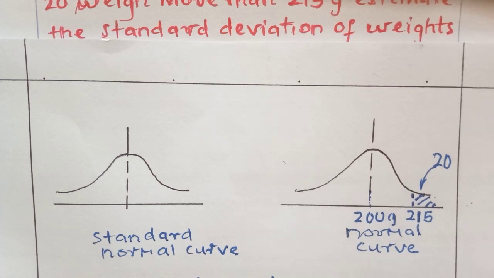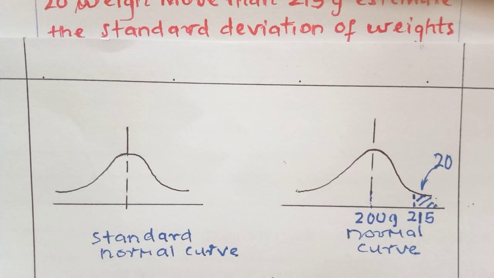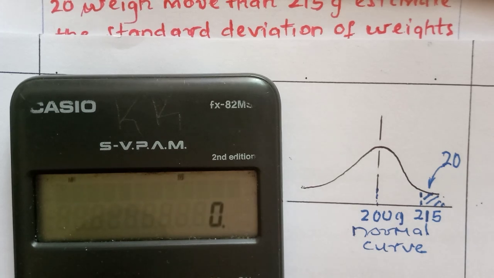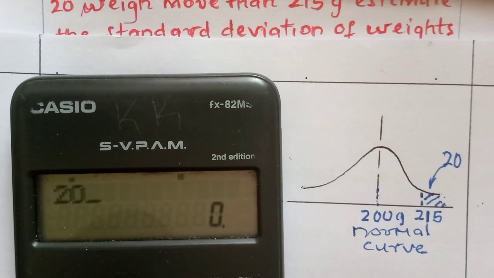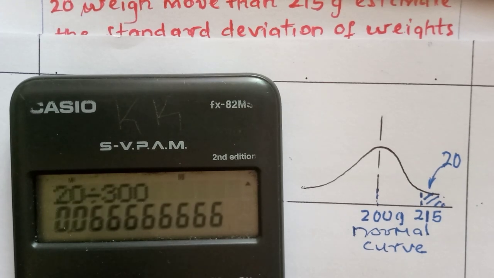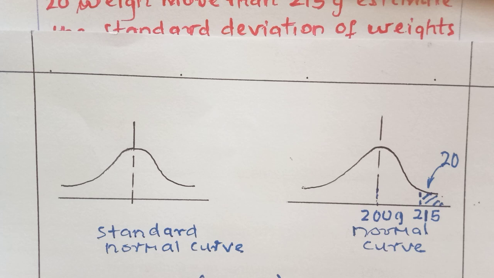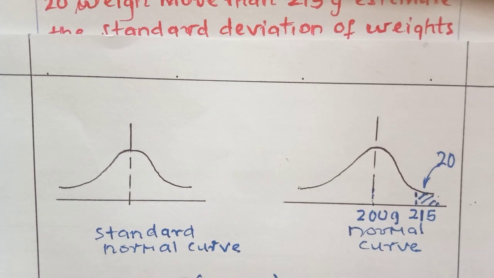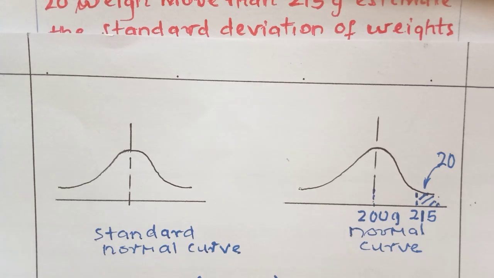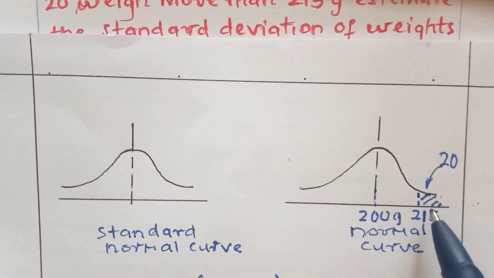If we use the calculator, that is 20 divided by 300, which is 0.066. That is the probability at this point.